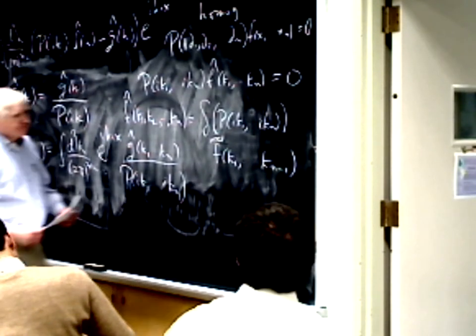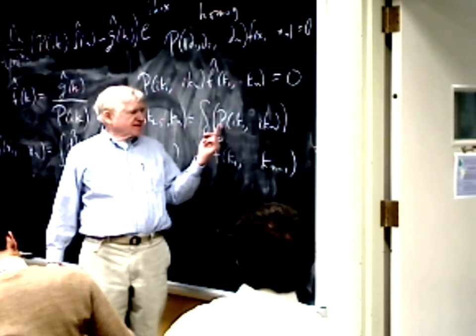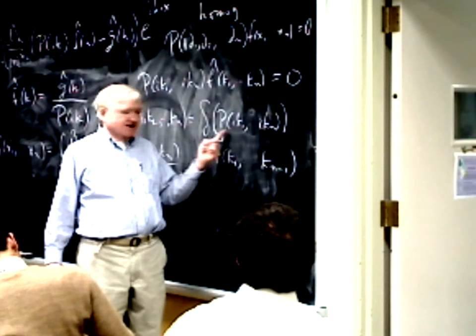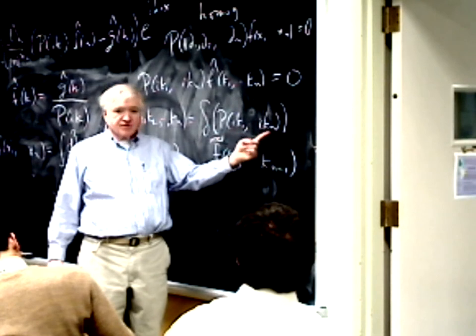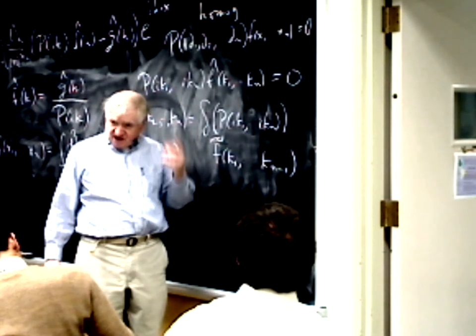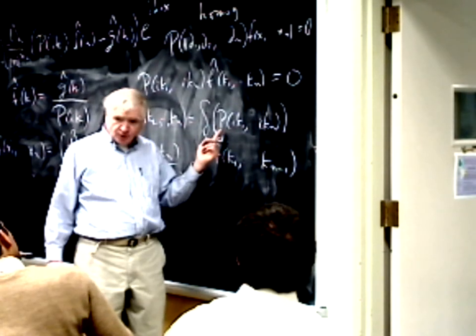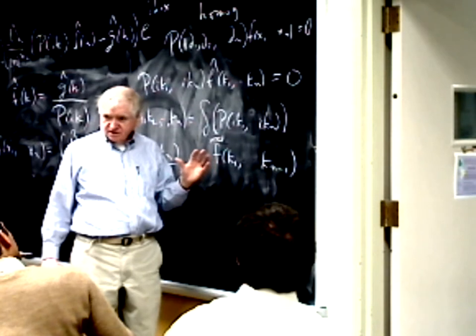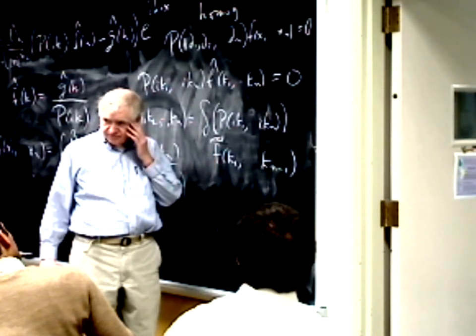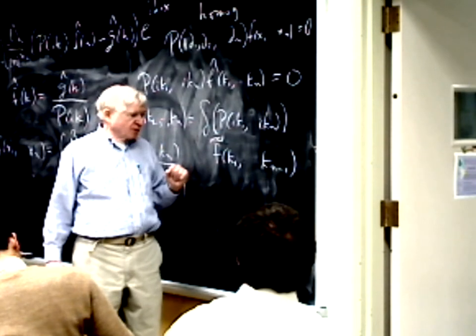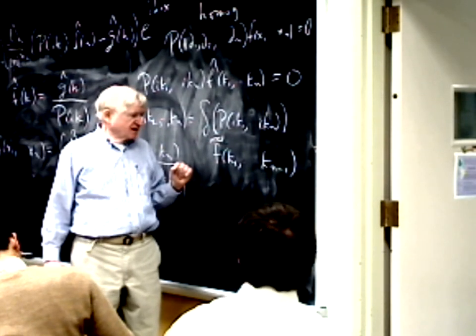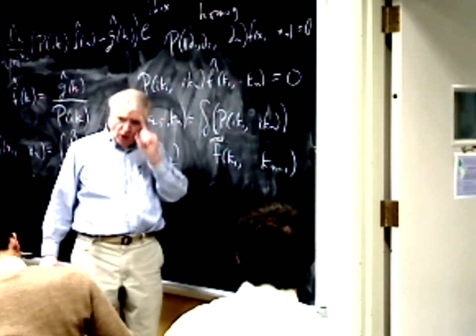Because this delta function is non-zero only when the variables k1 through kn are such that the polynomial vanishes. Okay? And when the polynomial vanishes, that's one equation.